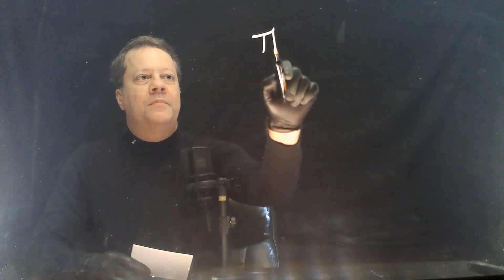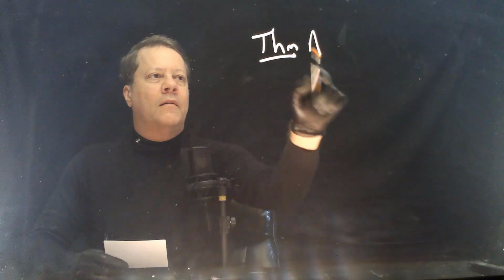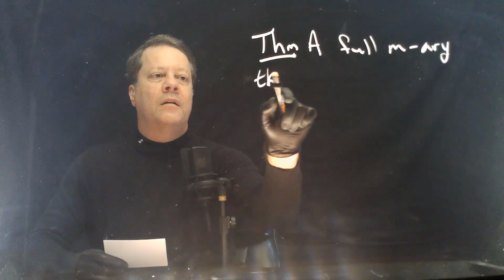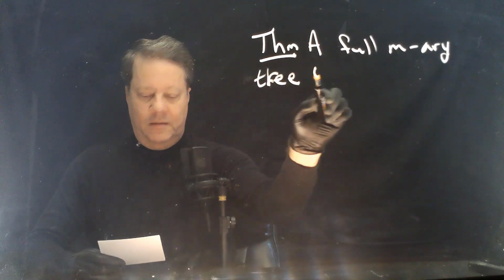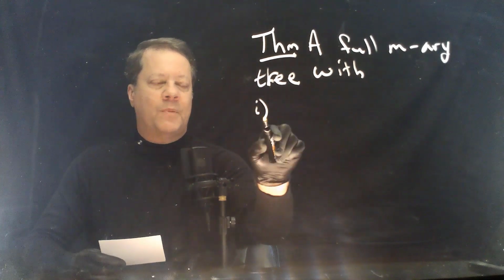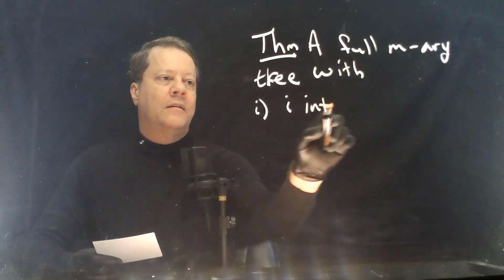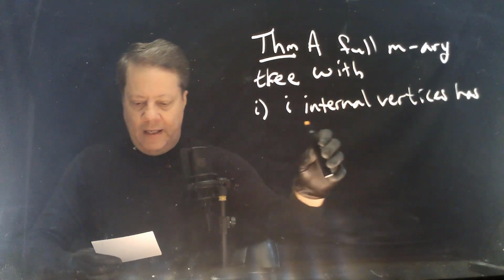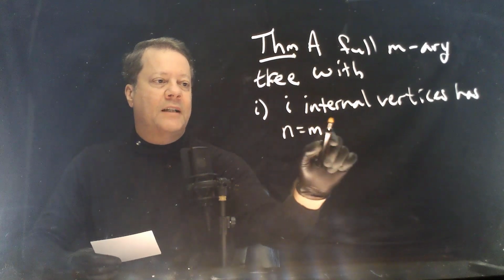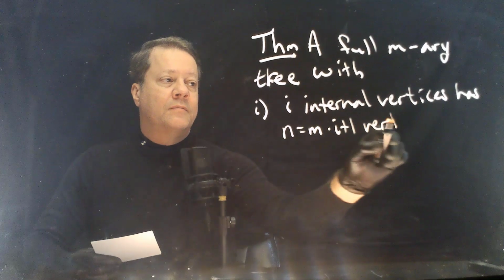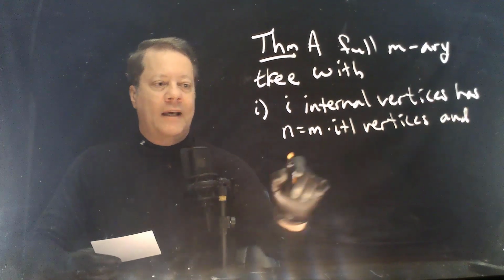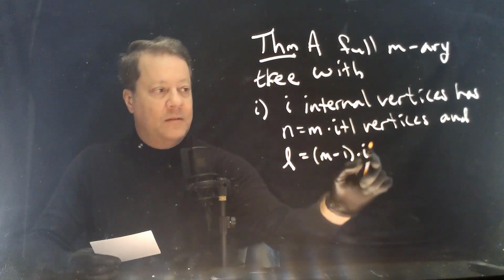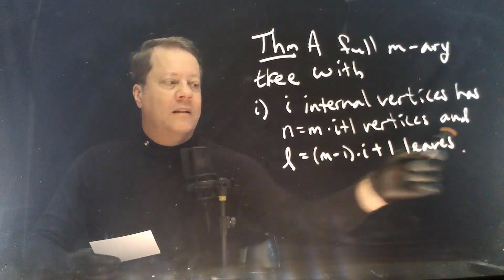A more complete theorem says that a full M-ary tree with I internal vertices has n equals m times I plus 1 vertices and L equals m minus 1 times I plus 1 leaves.